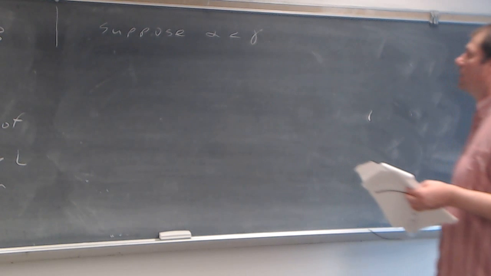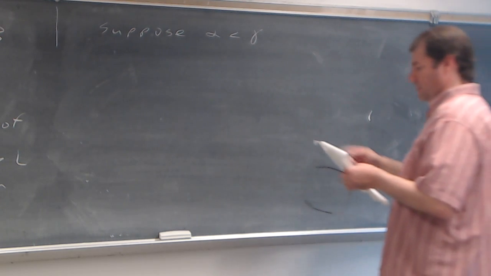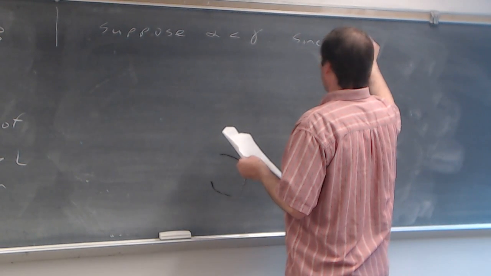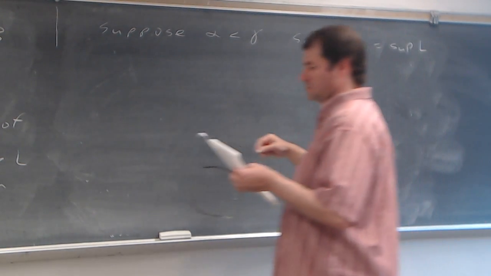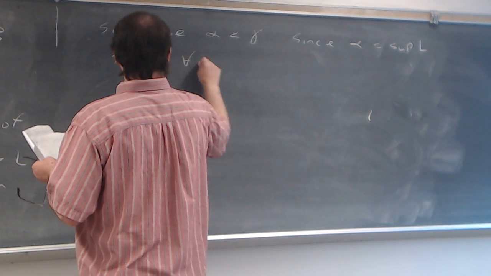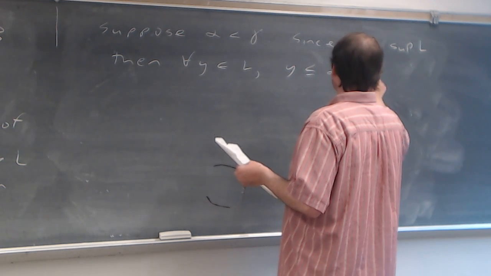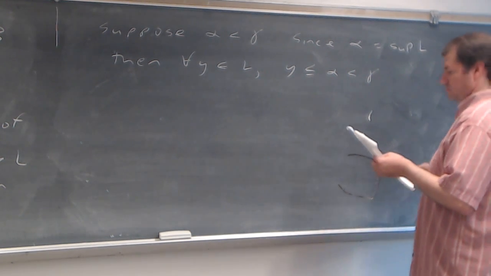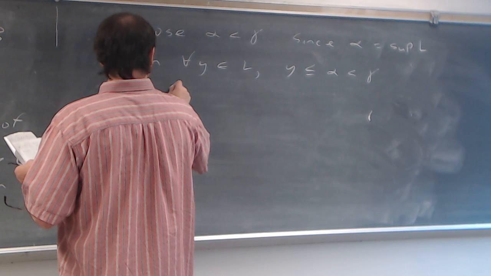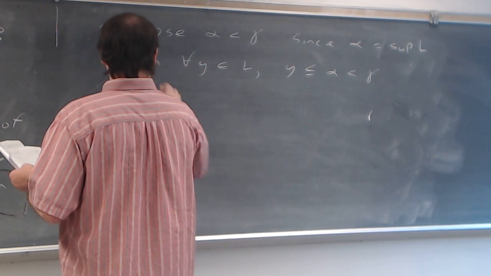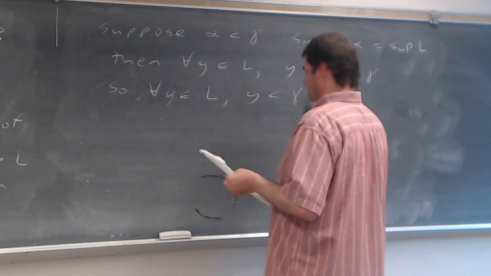What we have to show is that gamma is not a lower bound of B. Since alpha equals the supremum of L, for every y element of L, y is less than or equal to alpha, which is less than gamma.